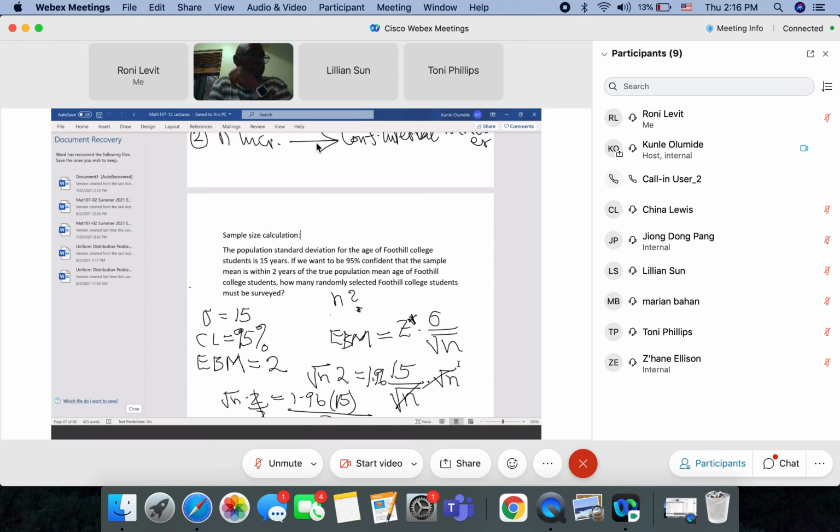So solve for N and let me know what you got. I got 3.834. 3.834. Okay. Anybody else?